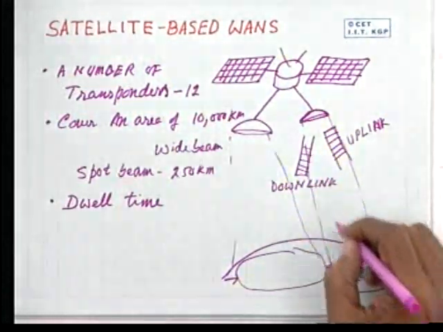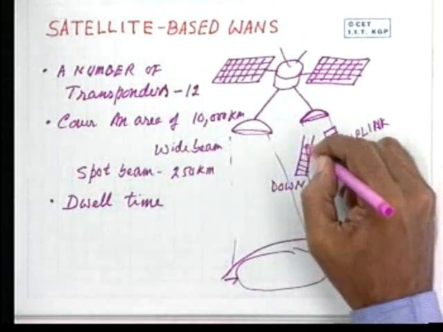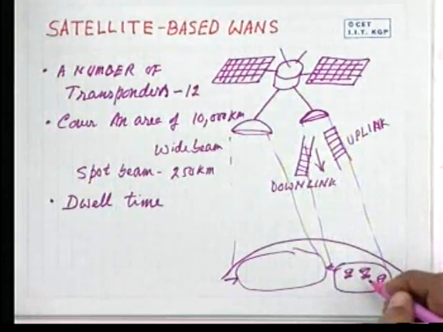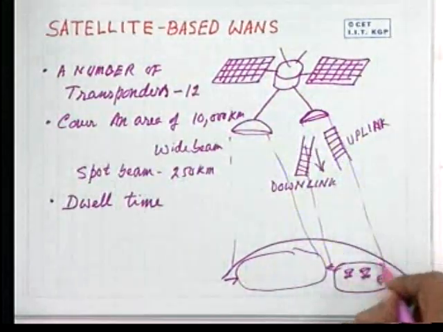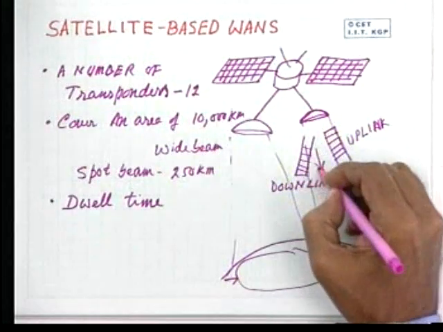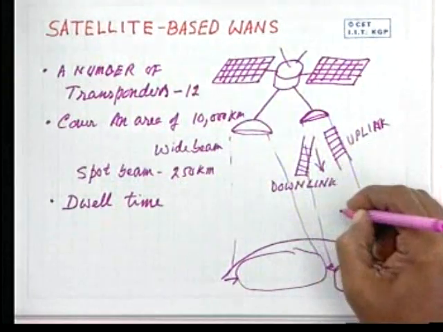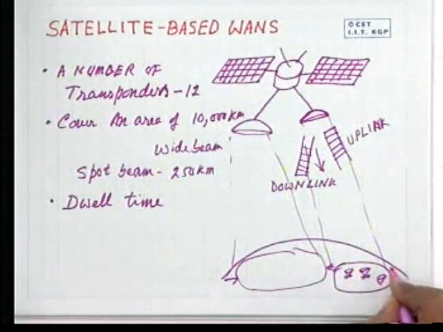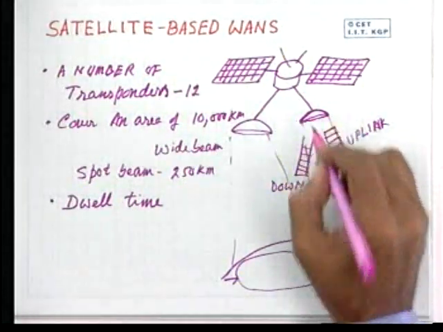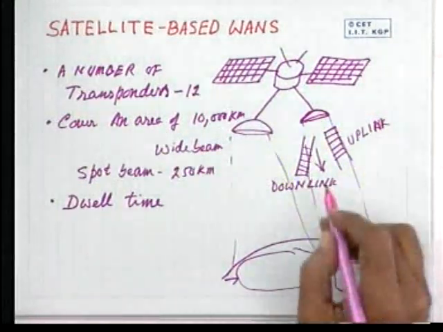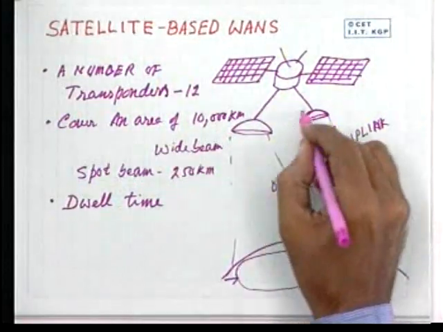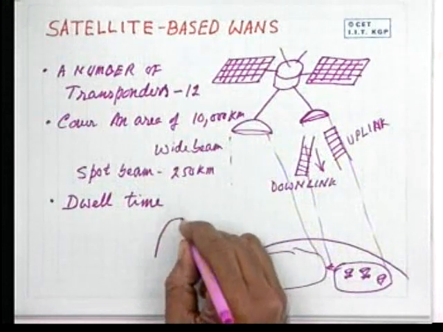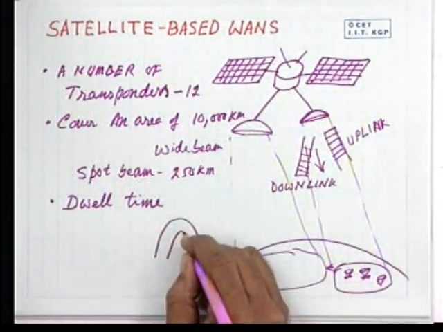However, this downlink frequency can be used for broadcast purposes. That means whatever signal is transmitted is being received by all the stations in that area which is covered by a transponder. Essentially, the transponder is acting as some kind of bent pipe.